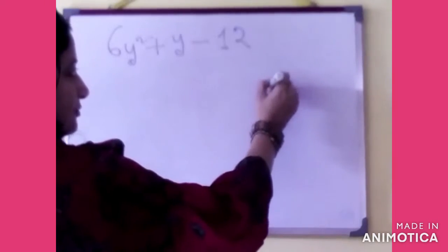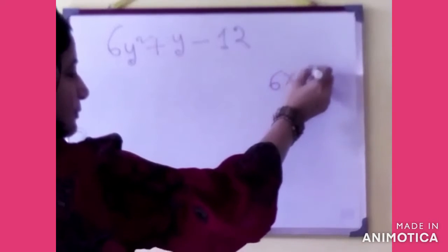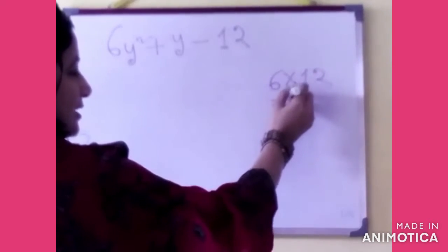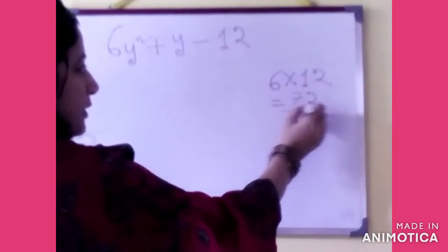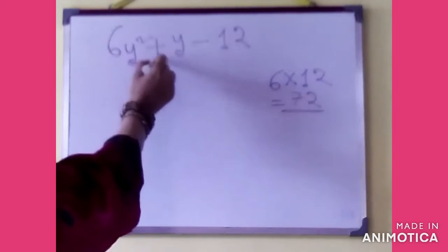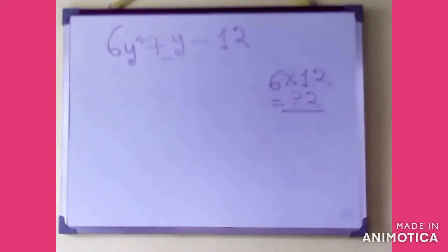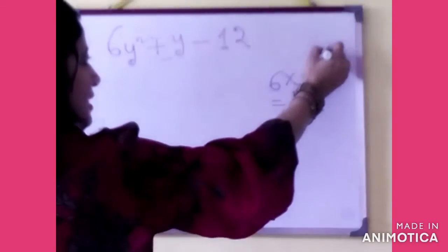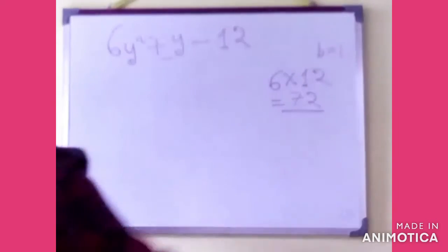So the product of a and c, the product of 6 and 12, is equal to 72. Now we have to split 72 into only two factors such that when we subtract one factor from the other, we get the coefficient of y. Here the coefficient of y, that is b, is equal to 1.